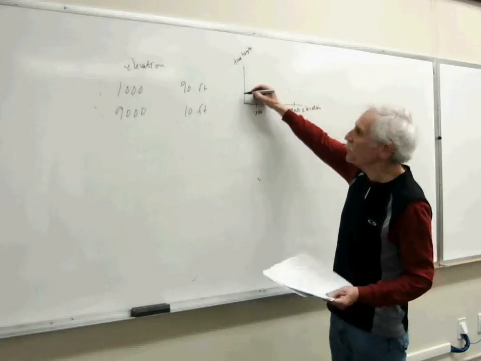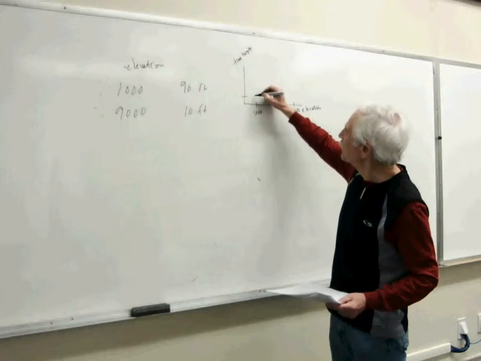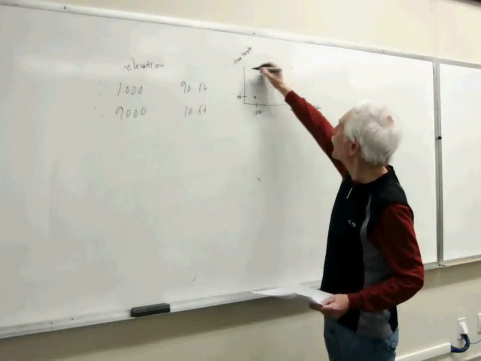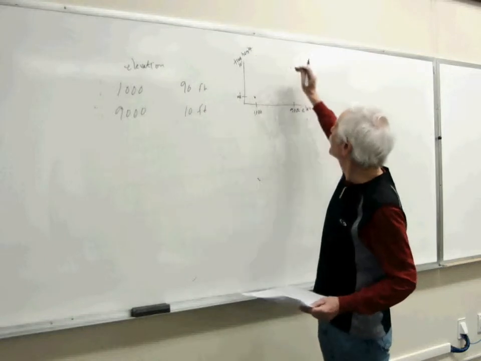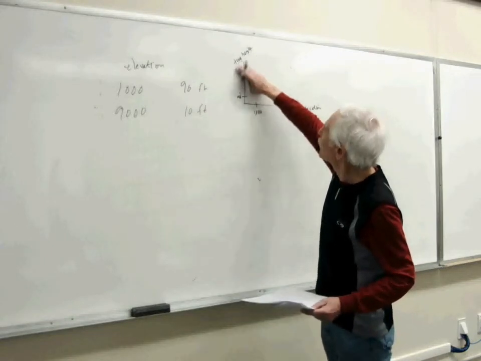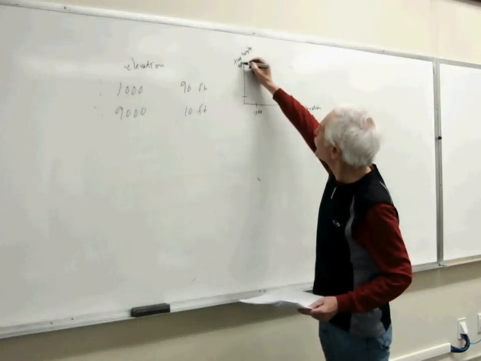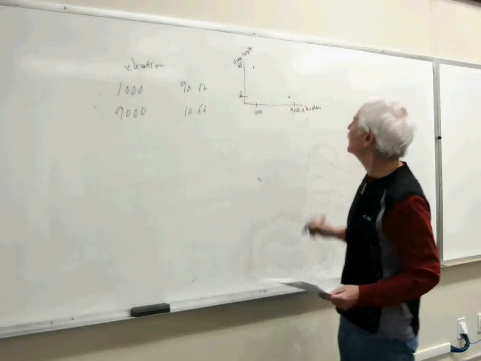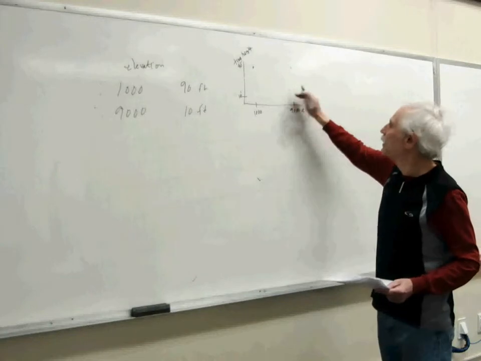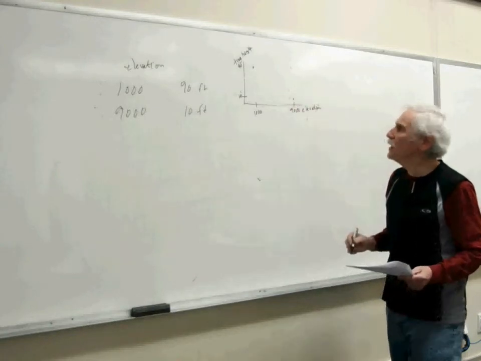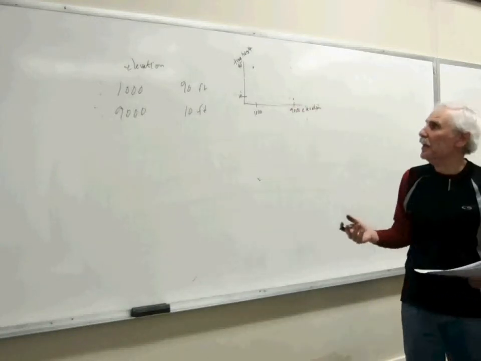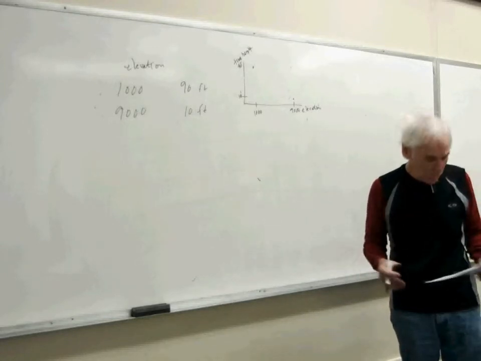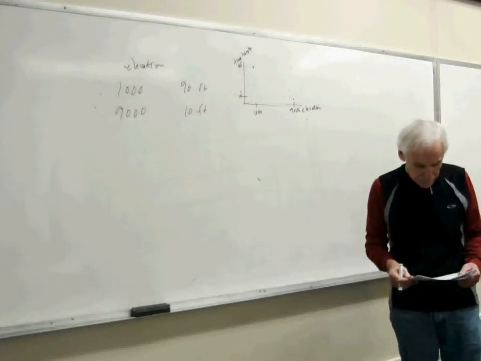At 1,000 feet they got a 90-foot height, and at 9,000 feet they got 10 feet. Backwards. 90 feet is right here, and 10 feet is right here. So somebody made a couple of measurements, and now the issue is, can you model that algebraically to be able to tell lots of different things about that system?